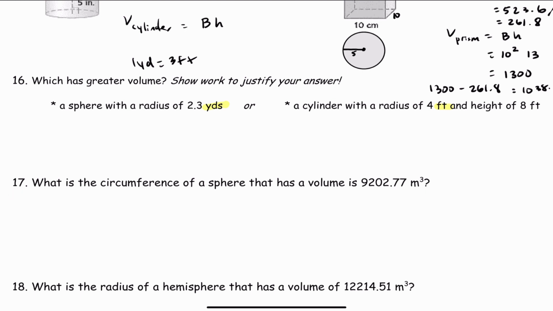Now, let's go back to number 17. What is the circumference of a sphere that has a volume of this? Well, the volume formula is 4/3 pi r cubed. And V is actually that number, 9,202.77, which is equal to 4/3 pi r cubed.